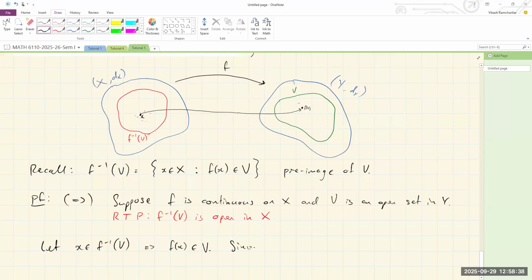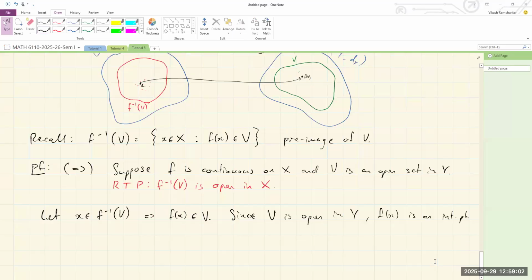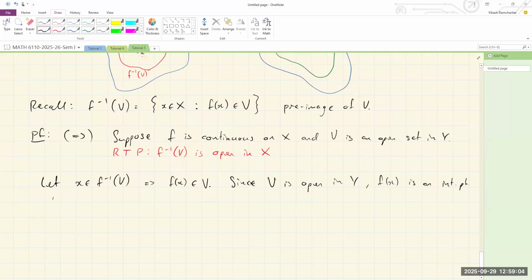Since V is open, or if you want, you could say open in Y, then f of x is an interior point of V. Right? F of x is an interior point of V. So what does it mean to be an interior point of V?